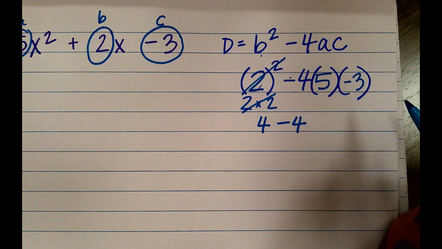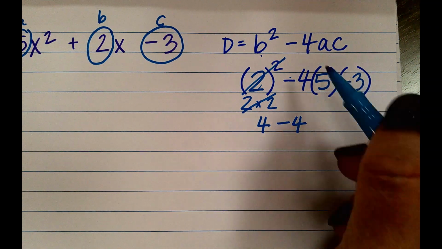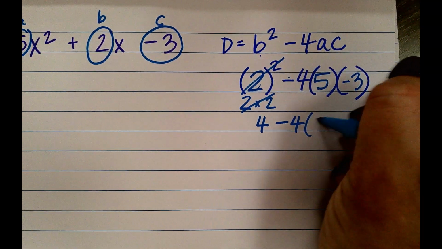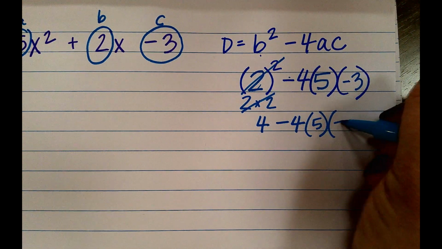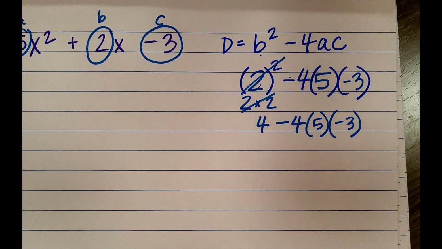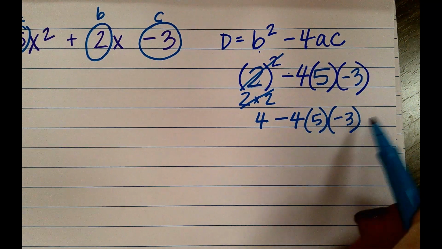Let's see, what else needs to be brought down? 5. Yep. 5 times. And then what? Negative 3. Perfect. So, now I have 4 minus 4 times 5 times negative 3.